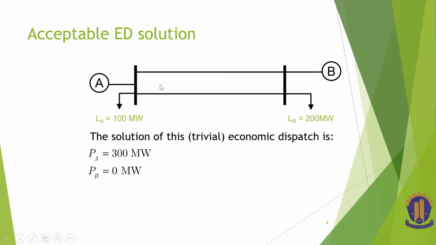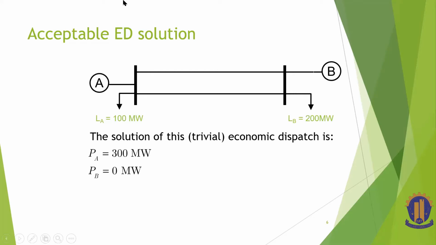So altogether 300 megawatt load has to be supplied by using both of the generators. But which generator do we choose from an economic point of view? Definitely generator 1, if it doesn't cross the maximum limit.